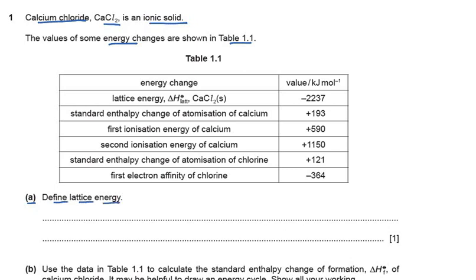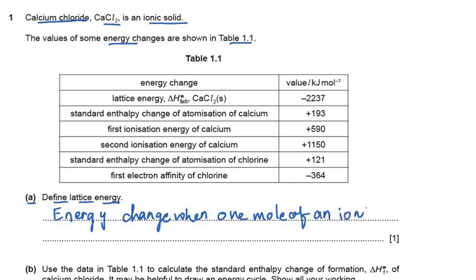Now what is lattice energy? It's an energy change when, as we are talking about an ionic compound, we need to be specific that 1 mole of an ionic compound is formed from its gaseous ions.